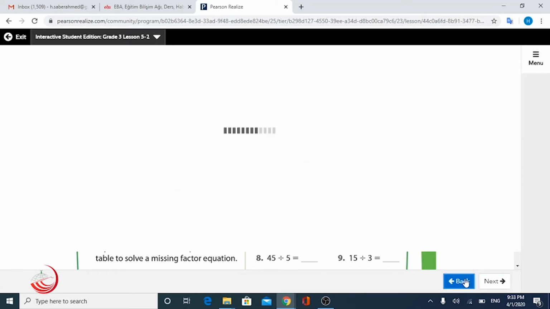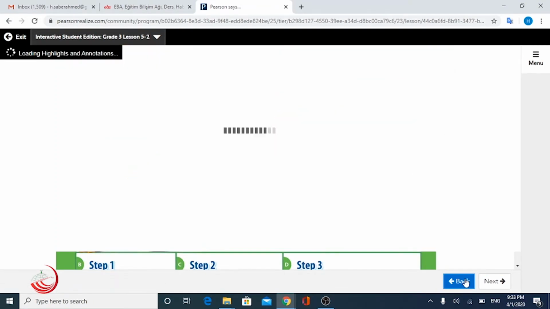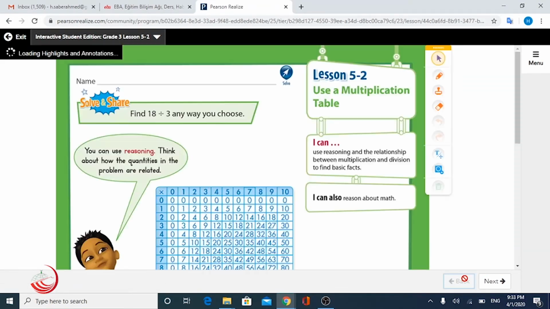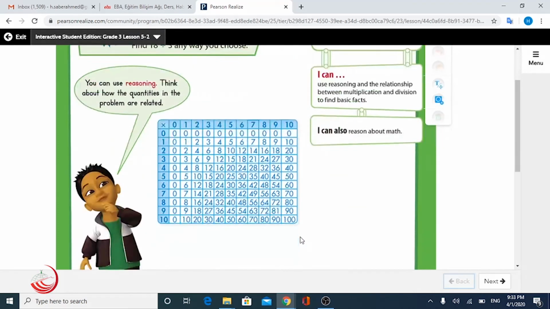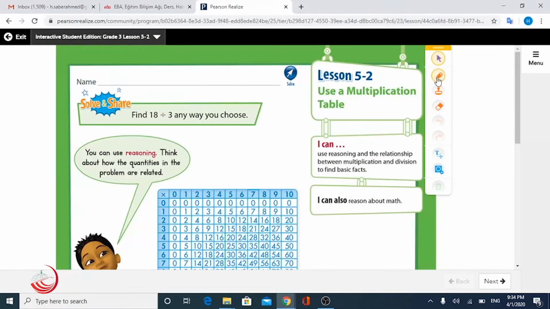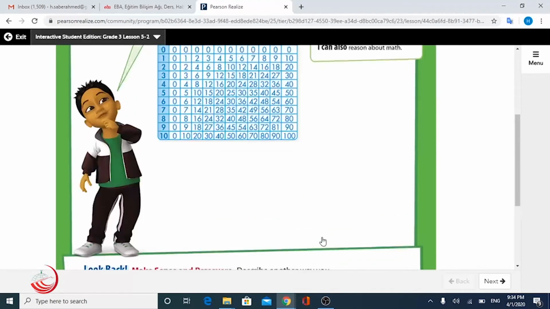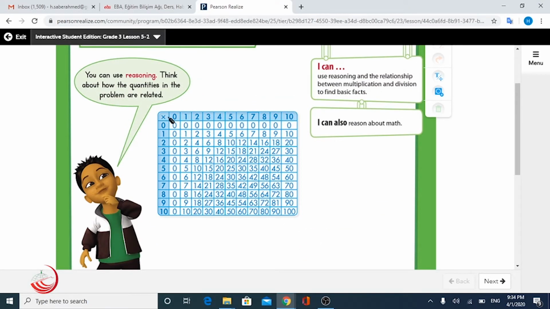Okay, back. Where can I find the two factors? Right here, right there. Yes, I can find the first factor in the first column.